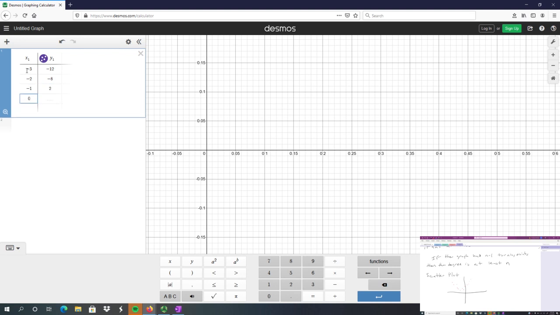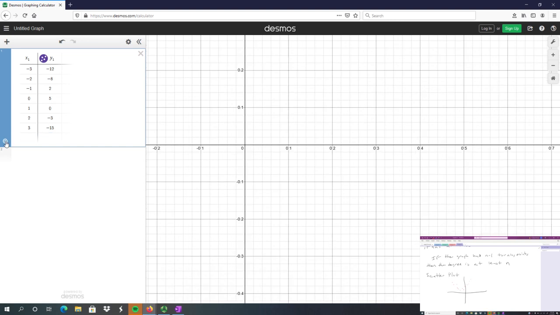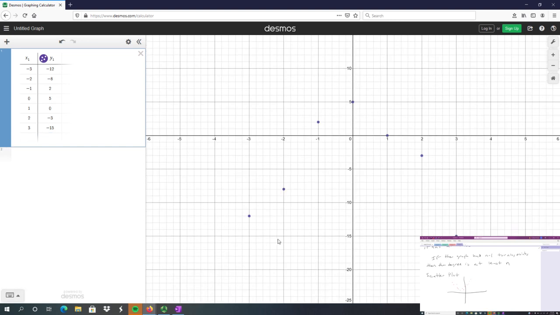Let's do 0, 5, 1, 0. Let's do 2, -3, 3, -15. Right? So we got some points plugged in. And then we click on this thing here, this zoom fit. It will close in on my points.